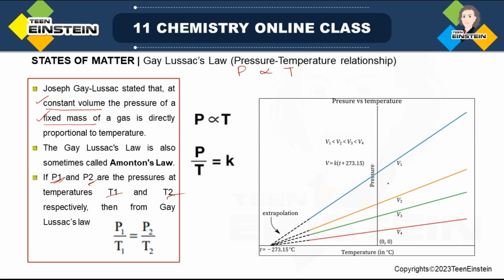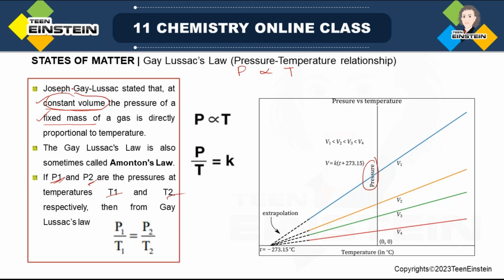So here if we see this graph, you can find similarity with the graph that we have in case of Charles' law. The same. The only difference is that now in the y-axis, instead of volume, we have taken pressure. And here we have a total of 4 lines, at 4 different volumes, because volume is fixed.